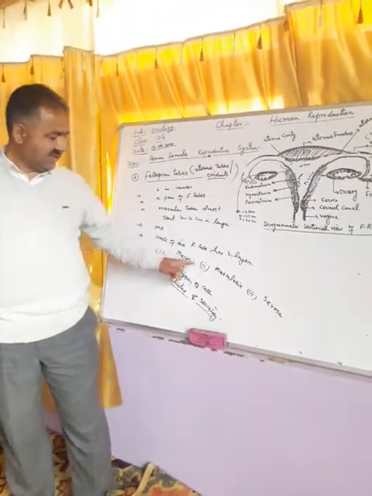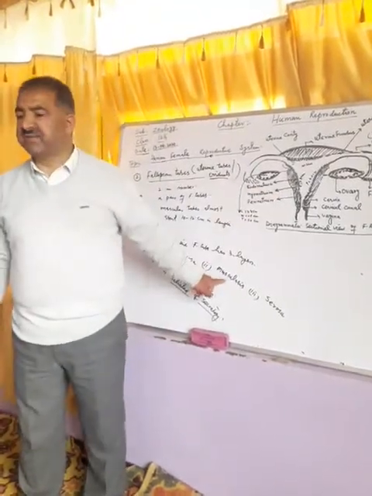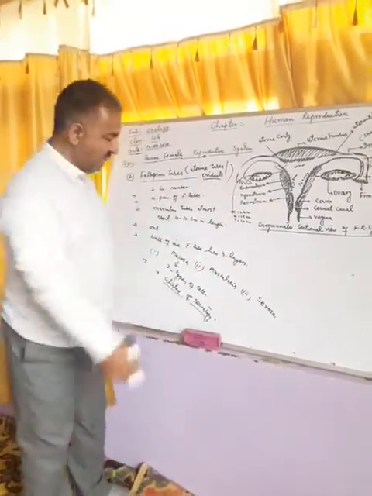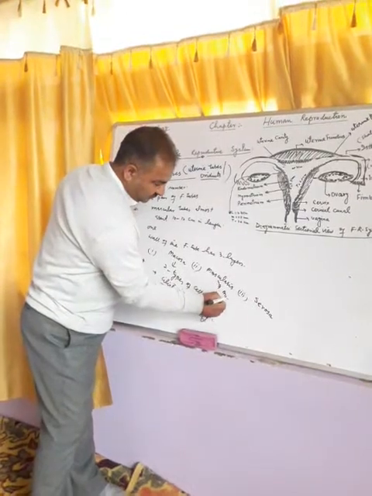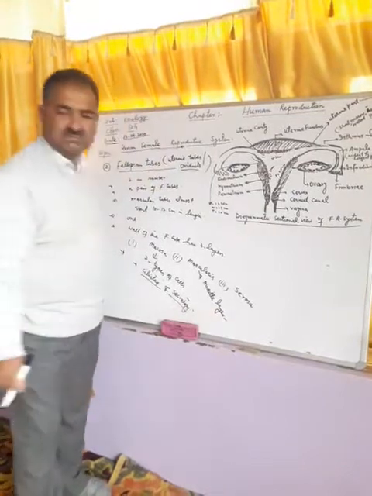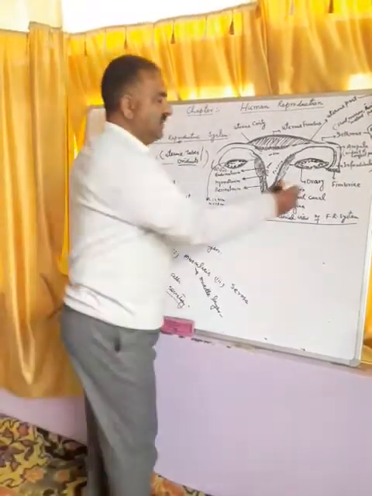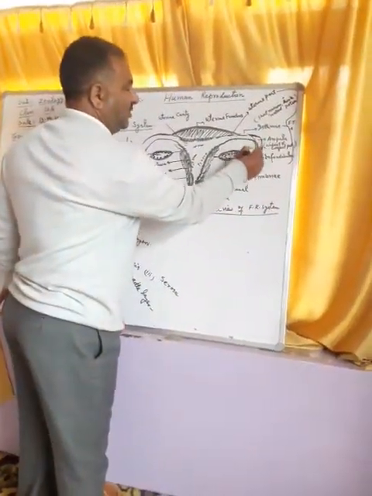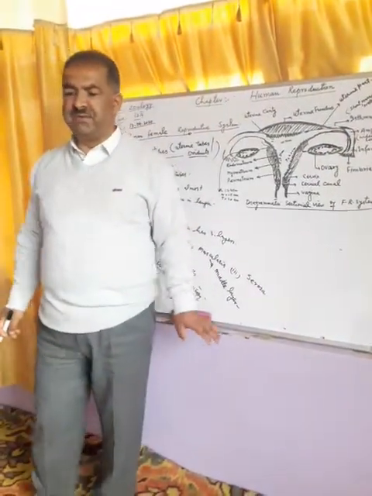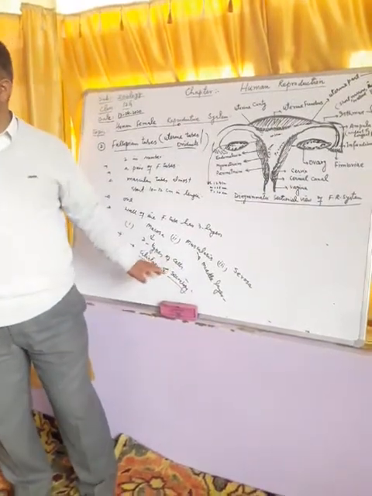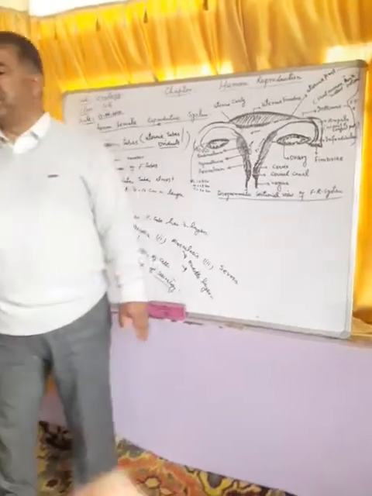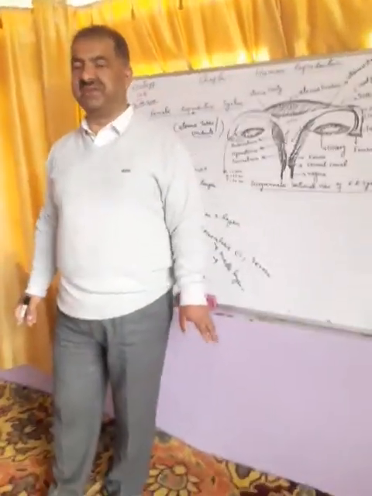Then there is the second layer of this fallopian tube, the muscularis. It is the middle layer, made up of smooth muscles. These smooth muscles produce a wave of contraction.